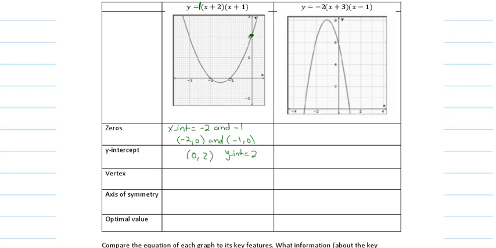It's between negative 1 and negative 2, so it's at negative 1.5. And if this is negative 1, this looks like negative a quarter, so the vertex is at (-1.5, -0.25).